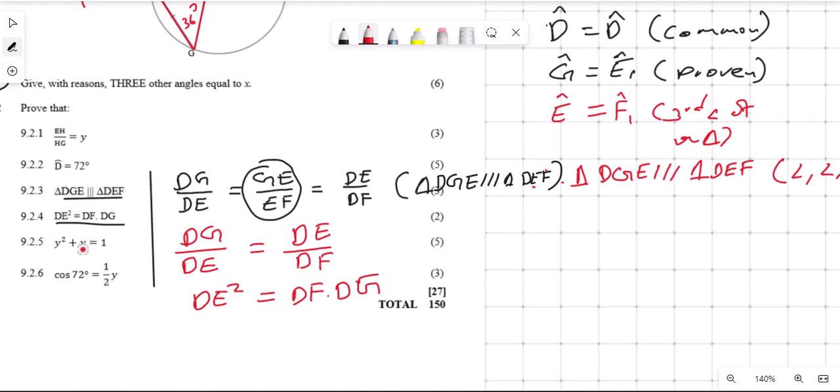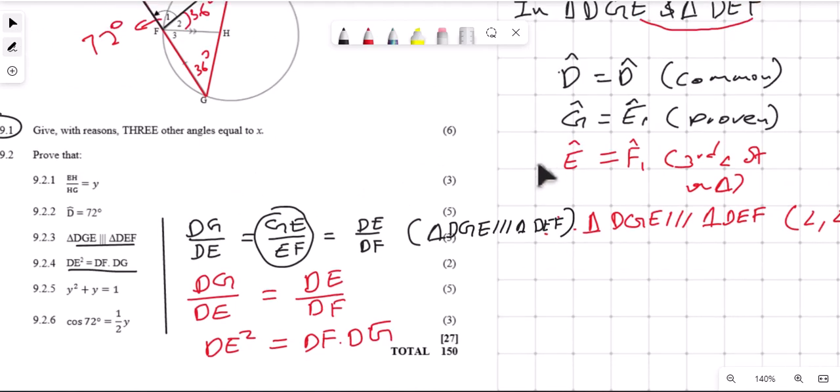They are saying y squared plus y is equal to 1. I won't lie to you, this one is very hard, but let's try.